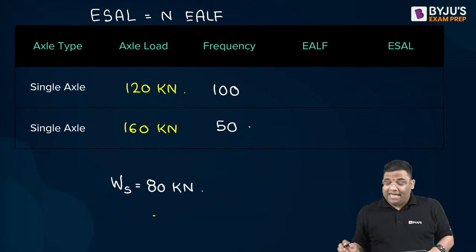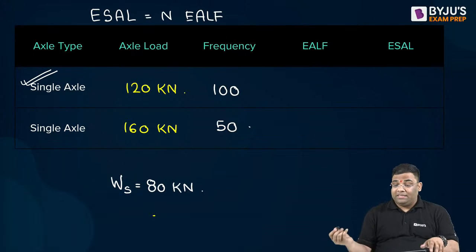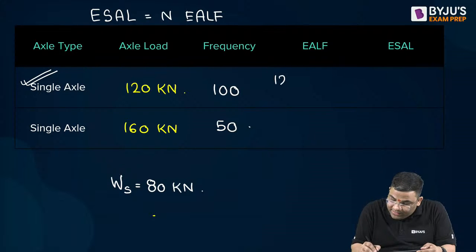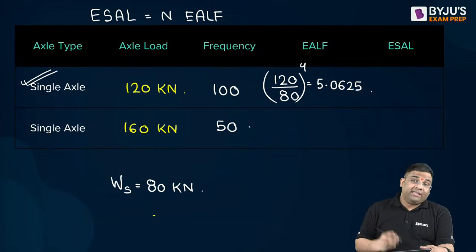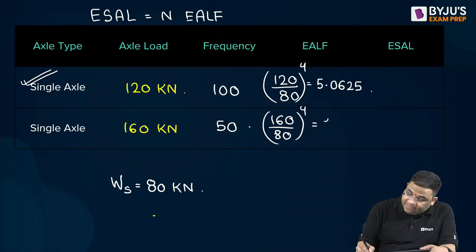Give me the EALF for the first one. It will be simply 120 divided by 80 to the power 4. The first one I am getting 5.0625. Now what about the second one? It will be 160 by 80 to the power 4, that is 16.